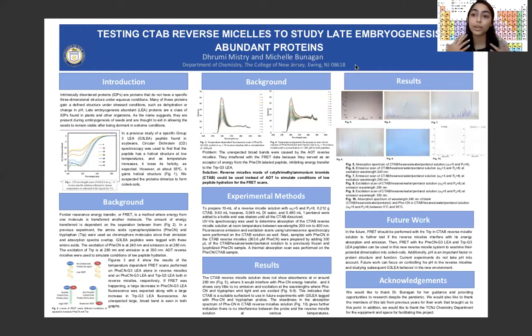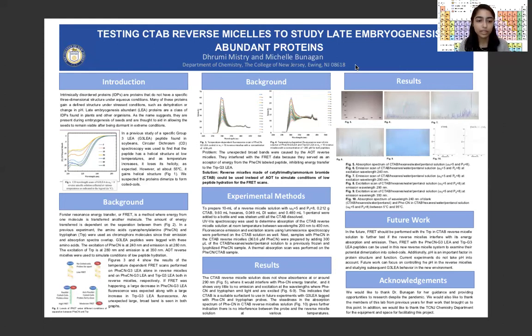To go a little bit more in depth about FRET and how it works, basically FRET is a method where energy is transferred from one molecule to another, and the amount of energy transferred is dependent on the separation between those molecules. And so we tagged these G3-LEA proteins with cyanophenylalanine, or FCN, and tryptophan, or TRP.